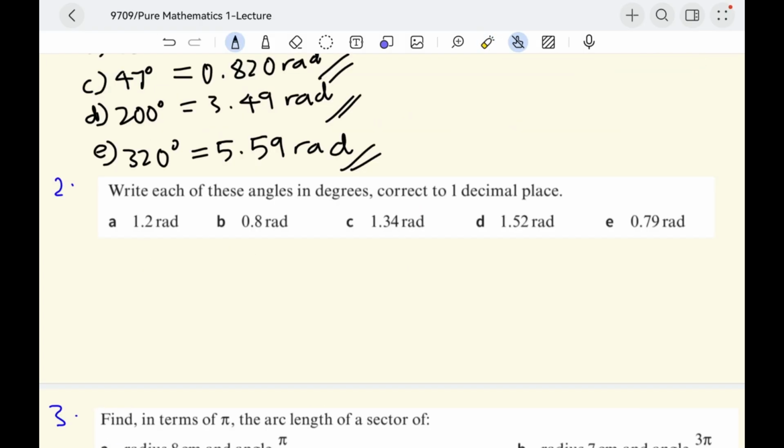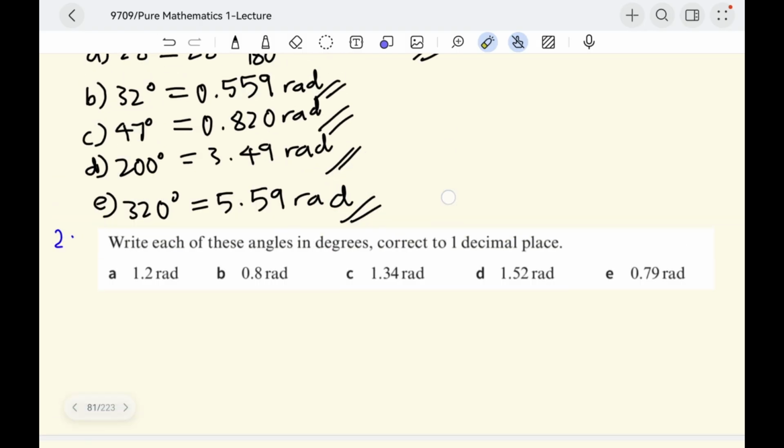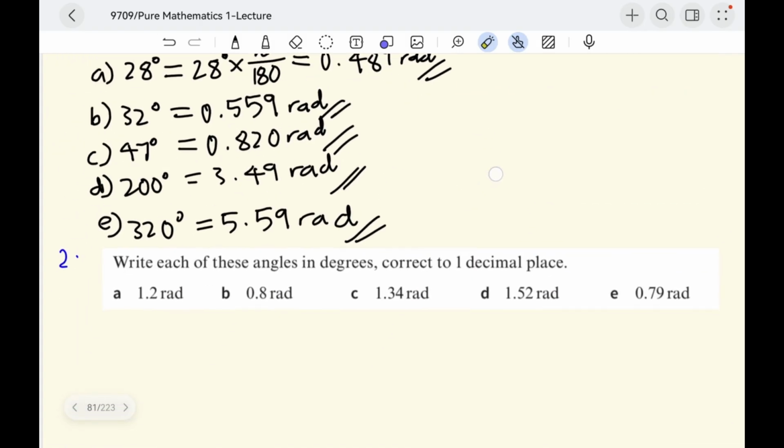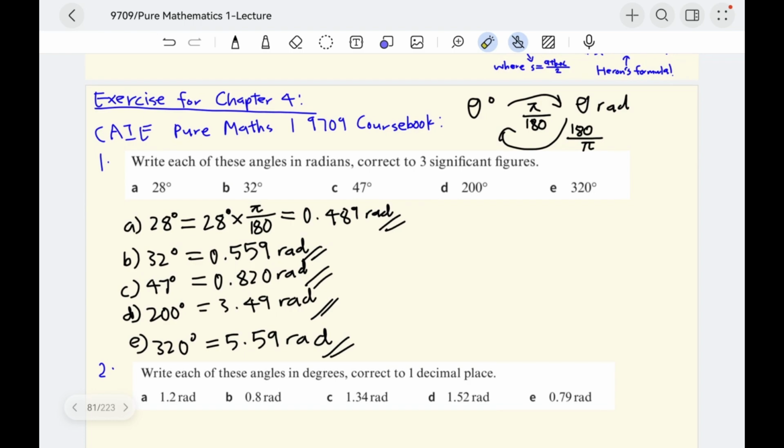Alright, for question 2, write each of these angles in degrees correct to one decimal place. So for question 2, it is basically the reverse process from question 1, the previous one. Okay?